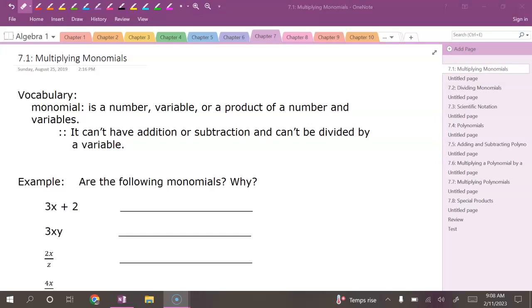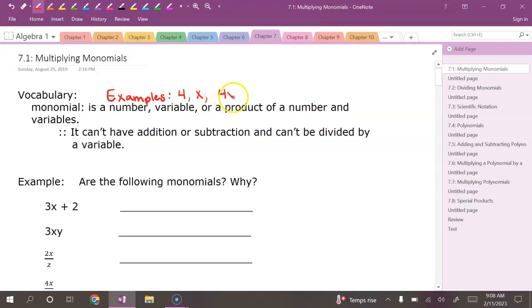Product, remember, means multiplication. So I'm just going to write some examples up here for you to maybe add for yourself of things that would be considered monomials. Like I said, a monomial could be just a number, so it could just be like 4. It could be just a variable, like x. Or it could be the product, so multiplying a number and a variable.